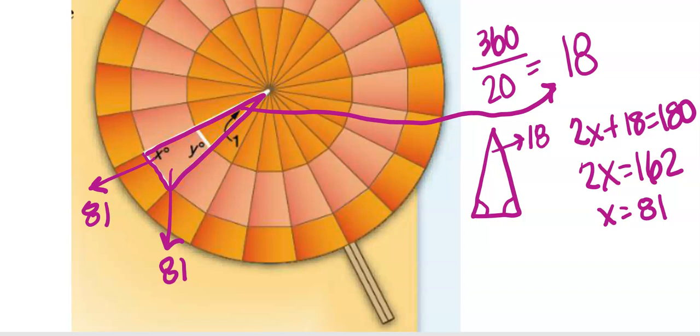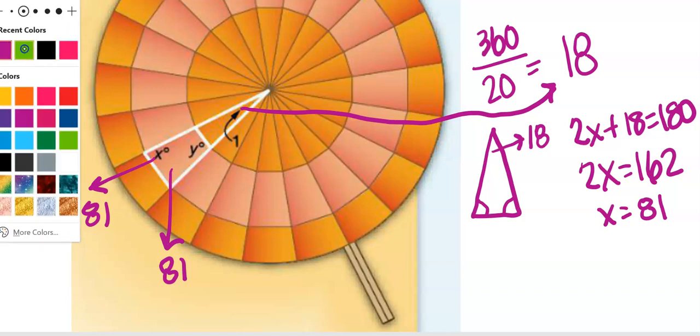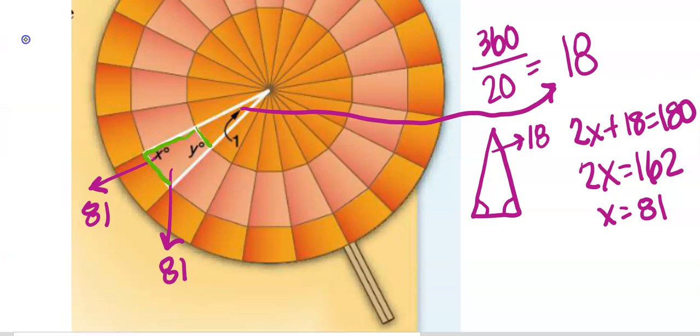Now we can go back and do the trapezoid part. Just this part. How much would y be if we know that the one that is consecutive to it is 81? How much would this one be right here? How much do these two add up to? 180.